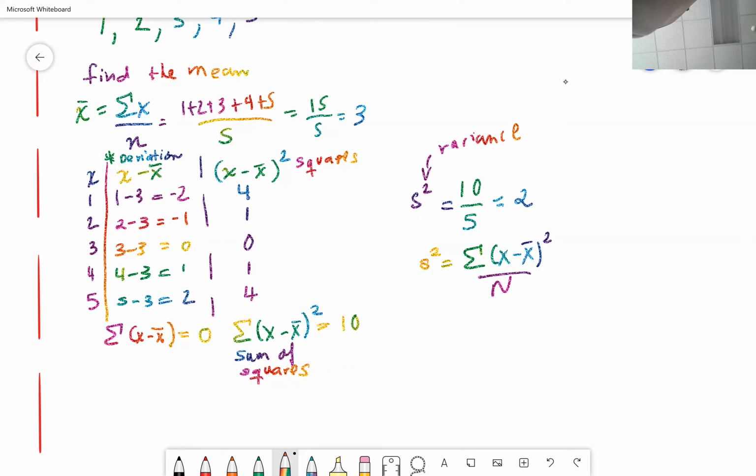But since we squared, what do we have to do to get rid of the square? We take the square root. So if you take the square root of s squared, you get your standard deviation.